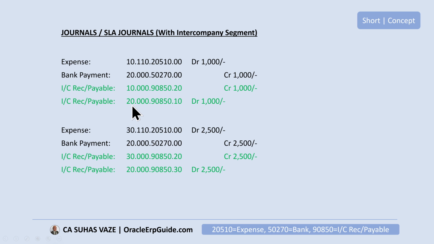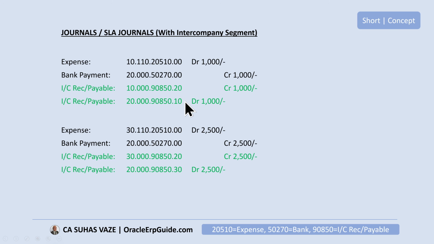Company 20 is recording a receivable, which means debit, of 1,000 from company 10. In the earlier situation, there was no recording that this is receivable from 10.